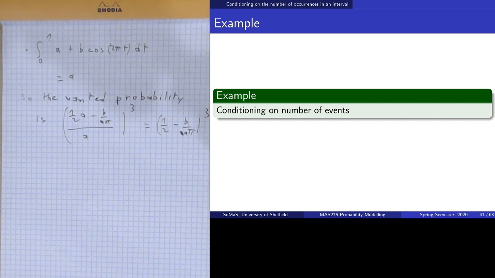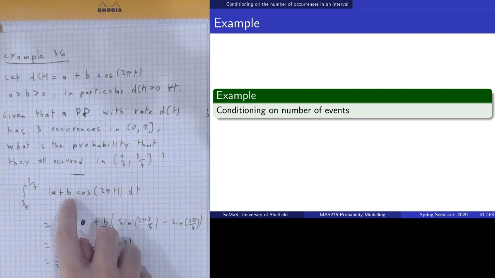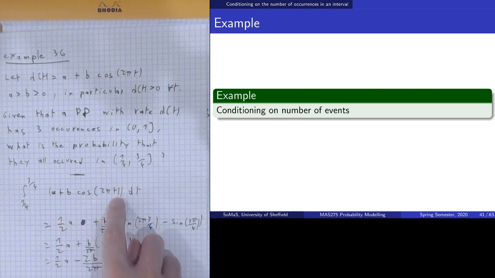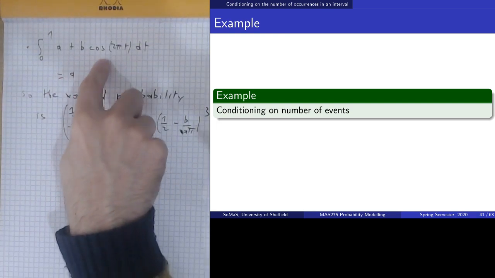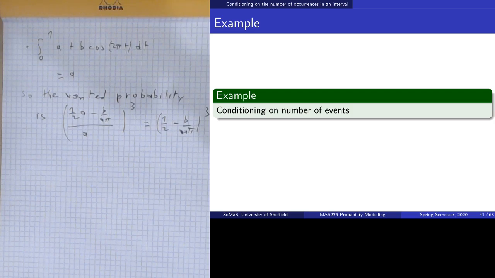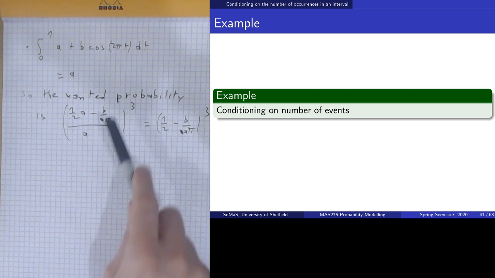So you have 3 points. You know that their density is proportional to a plus b cosine 2 pi t. So the probability that they land inside is the ratio of this integral and that integral. Since the 3 points are independent when we condition, we just cube this.